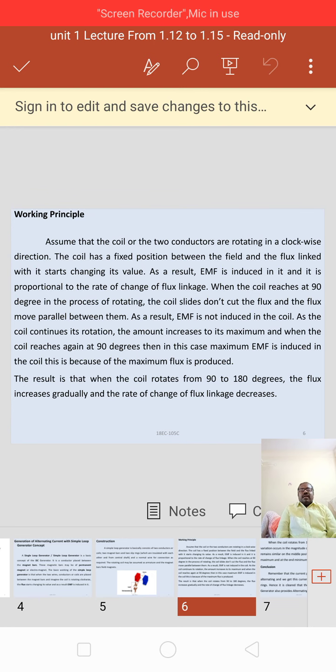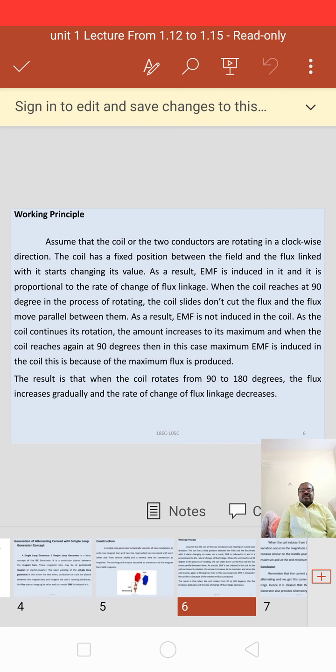As the coil continues its rotation, the EMF increases to its maximum value, and when the coil reaches again at 90 degrees, in this case maximum EMF is induced in the coil.